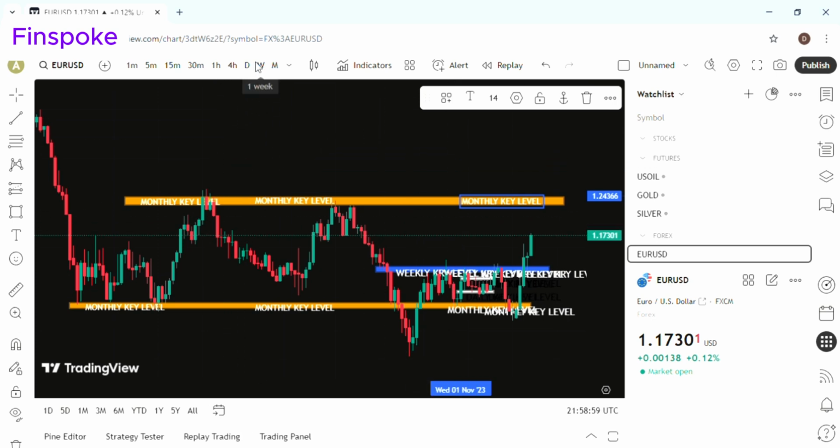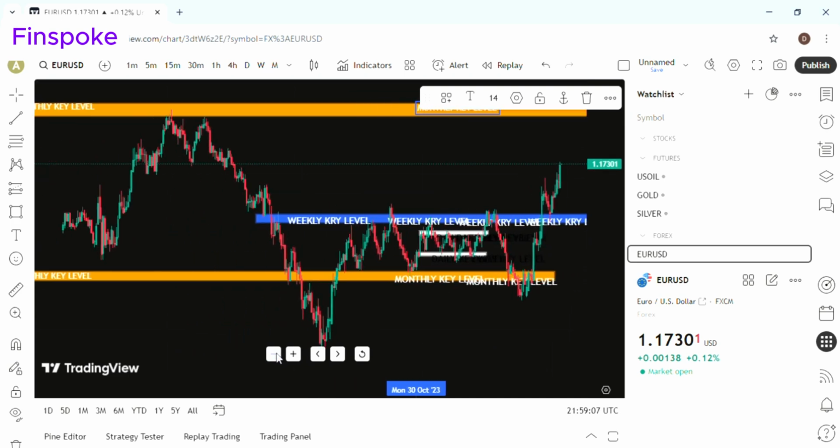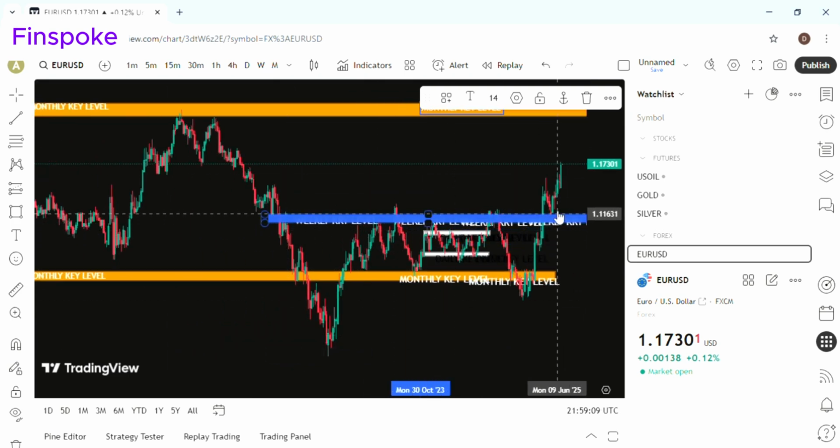Getting to the weekly time frame, you can see the weekly time frame marked with blue. Let me zoom out. You can see the price recently crossed the weekly time frame, came back to retest it before pushing up.